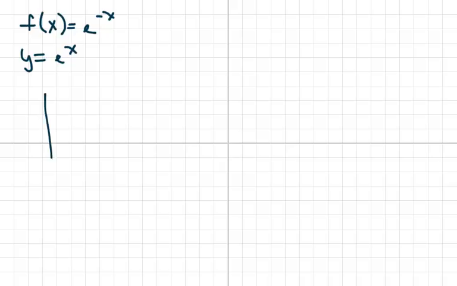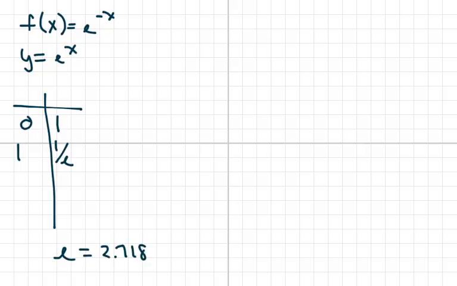And if you do a little table of values here, you're going to get 0 goes to 1, 1 goes to 1 over e, which is, remember e is 2.718. Negative 1 goes to e, and negative 2 would be 7.39. So let's go 0, 1, go down in here.